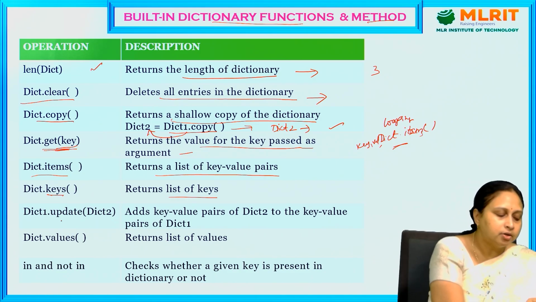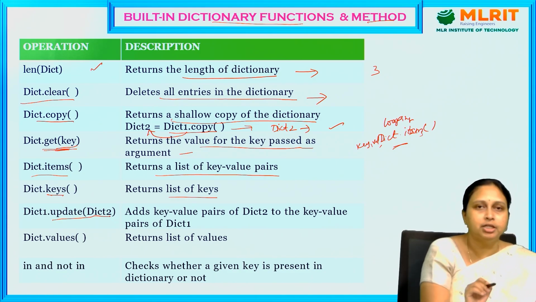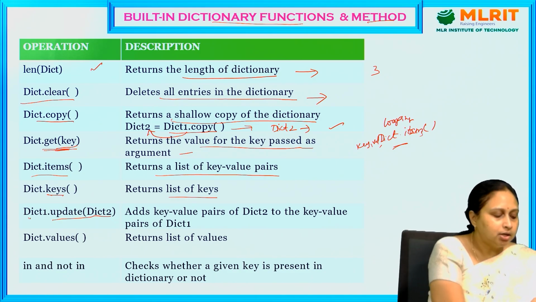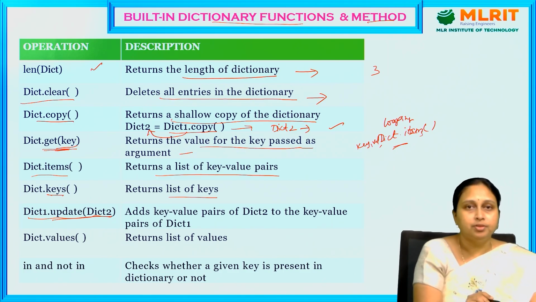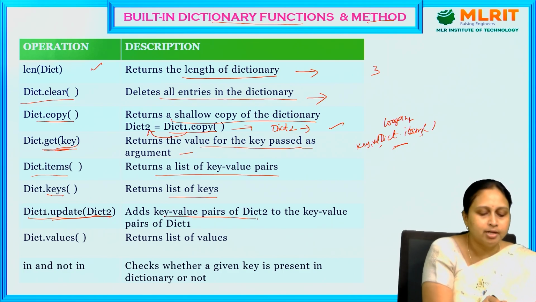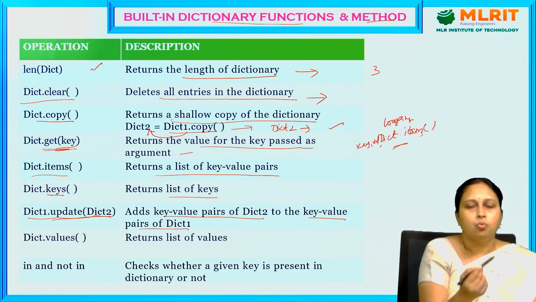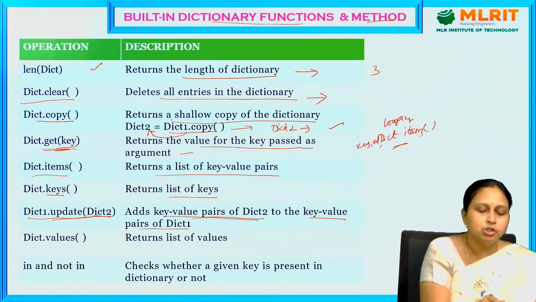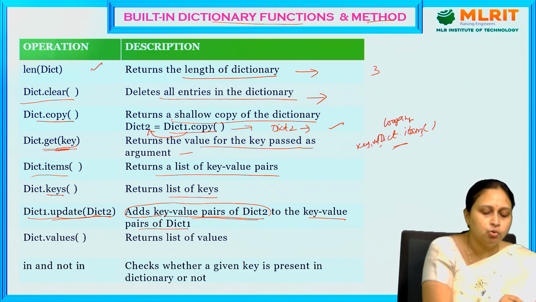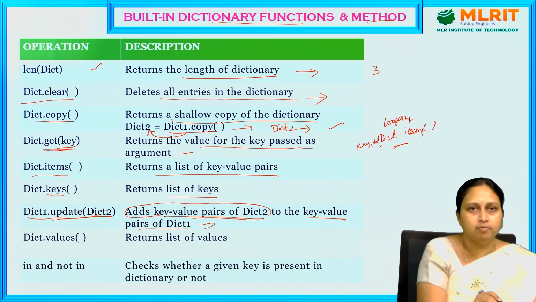And the other one we have is update. Dictionary 1.update(dictionary 2). This will add the key value pairs of dictionary 2 to the key value pairs of dictionary 1. Whatever key value pairs you want to add from dictionary 2 will be added to dictionary 1, right?